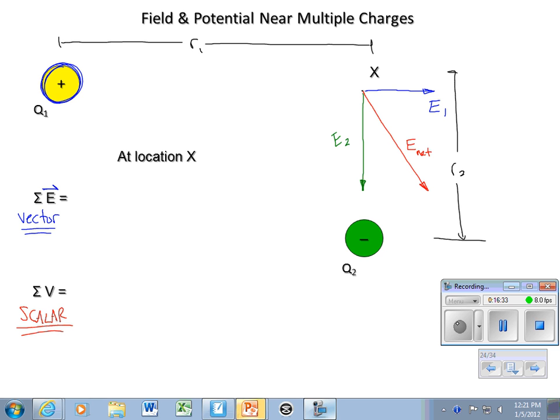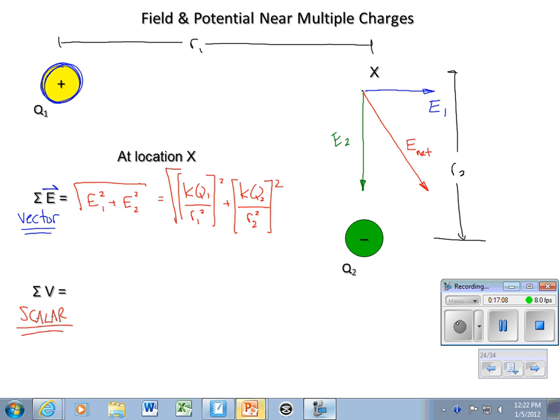We would say that E net is the square root of E1 squared plus E2 squared. Because those two electric field vectors are at right angles, if we want to find their resultant, we Pythagorate. And if you want, we can turn this into kQ1 over R1 squared plus kQ2 over R2 squared.